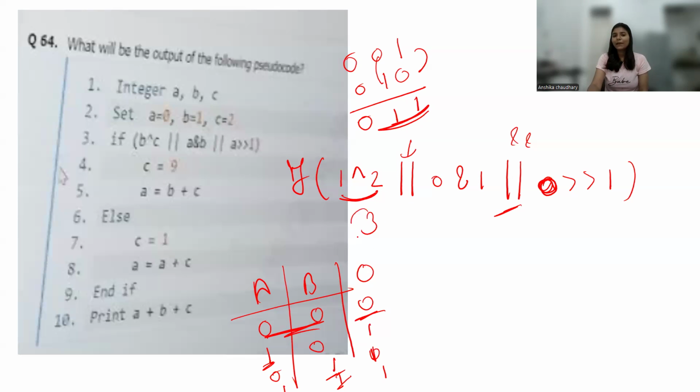So we have a non-zero value, that means it will be considered a true value. If we have at least one true, then the whole condition is going to be true. We will come here, C assign 9. So C will contain 9 and A assign B plus C.